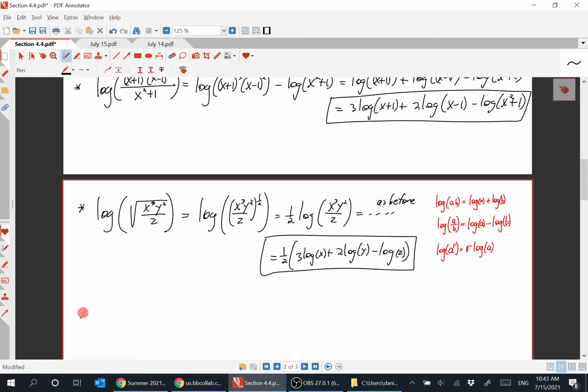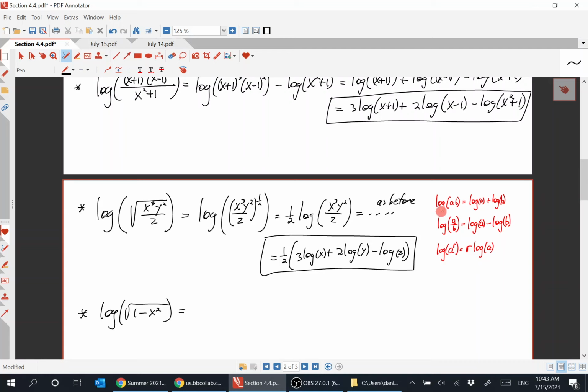How about this? So we want to expand that. Again, what does expand mean? Take out all the exponents, multiplication, and division from the inside of the logarithm.